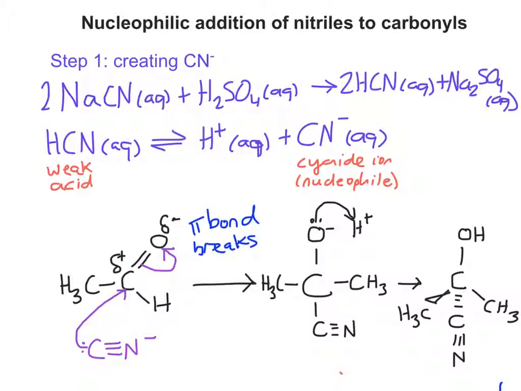So you'll notice that the final product, which I've drawn, is called a hydroxynitrile. It's got a hydroxy group, the OH group, and it also has 4 different groups coming off the carbon, so the carbon in the middle is chiral. So this compound will be called 2-hydroxypropanenitrile.